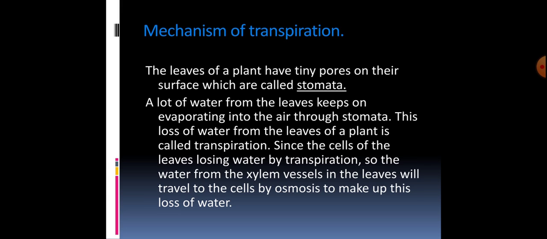The water present on the leaves gets evaporated and converts into vapor. This is called transpiration. Now there is a scarcity of water at the top because the water is converting into vapor. To make up this scarcity, the water moves continuously from bottom to top by the process of osmosis.